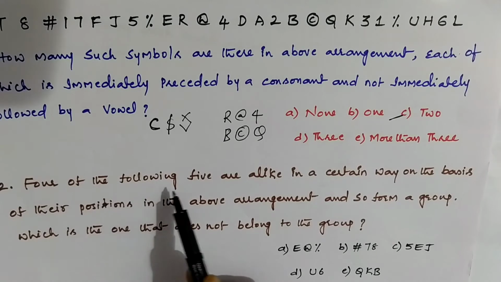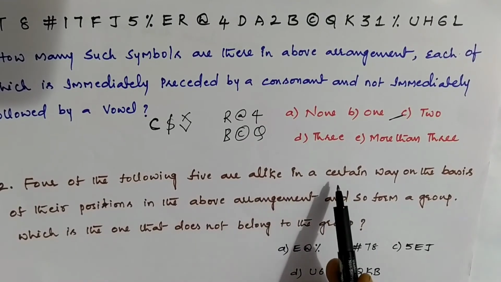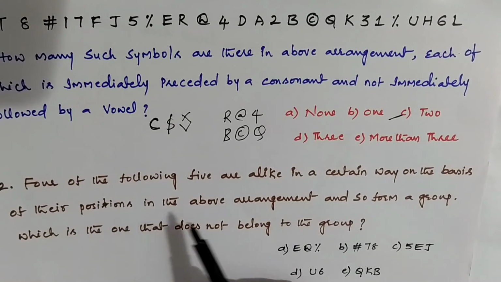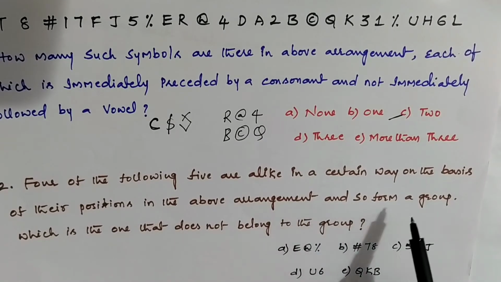Four of the following five are alike in a certain way on the basis of their positions in the above arrangement, and so form a group. Which is the one that does not belong to that group? Okay. From these options, four are arranged in the same pattern. One is different.